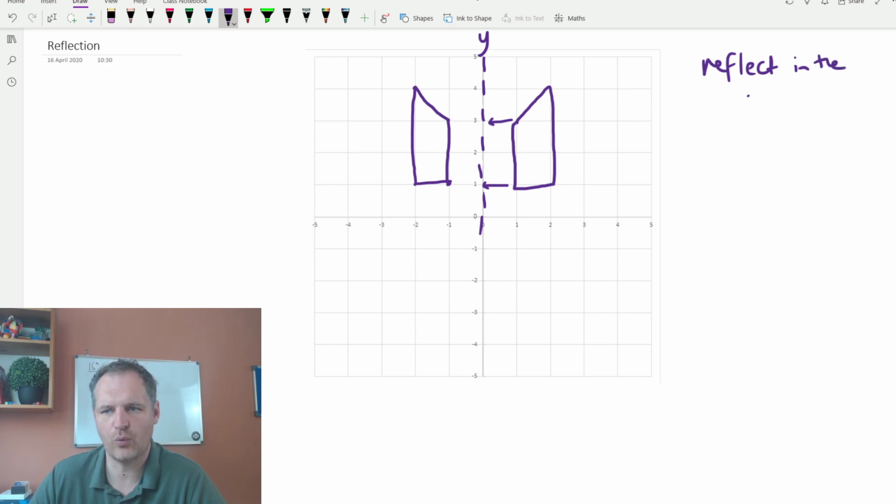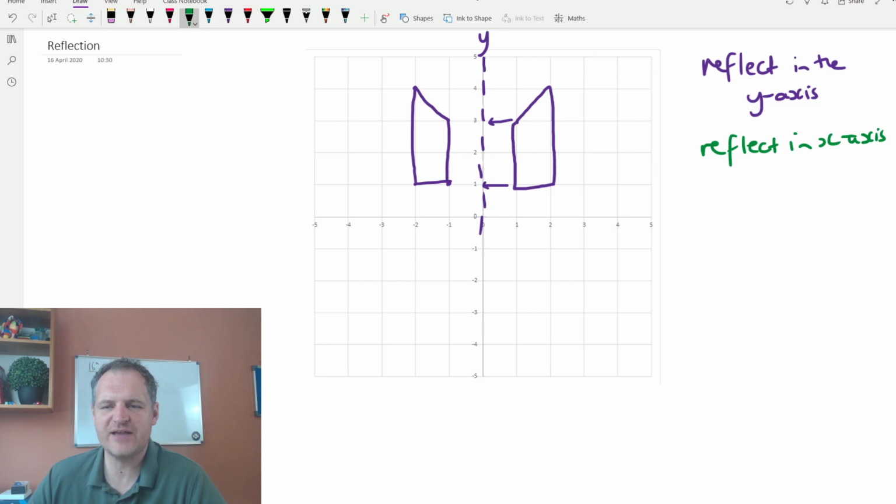in the y-axis. In green, I'm going to reflect in the x-axis. However, if it doesn't have the word then, which I'm going to get rid of, we don't reflect this shape.